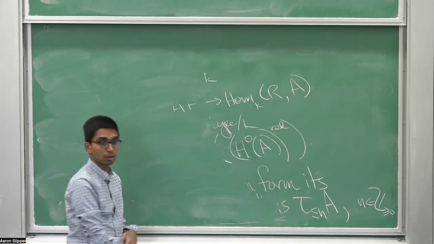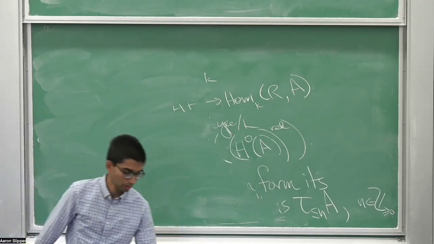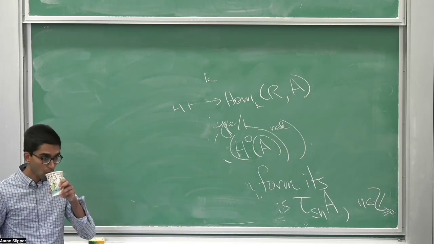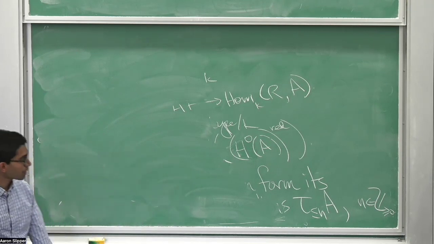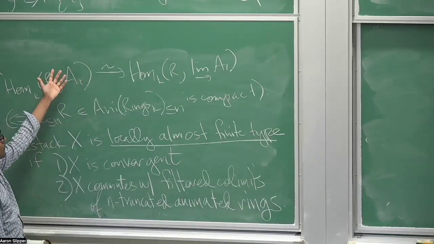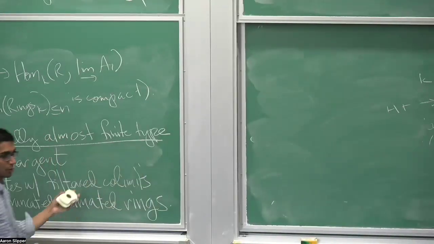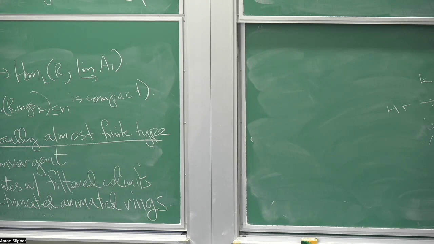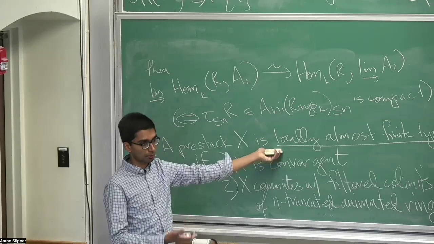For prestacks, we use locally almost, and it's similar to a cell structure, like constructing a complex. Yeah, so in particular, if you have an almost finitely presented algebra, then Spec of it is locally almost of finite type in a sense.